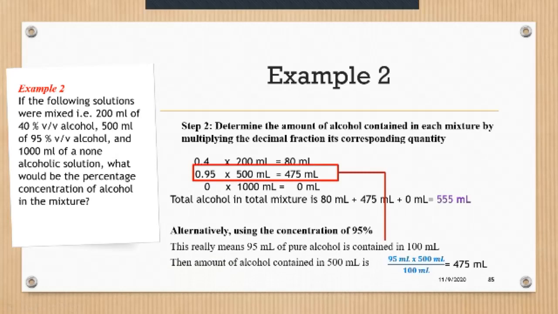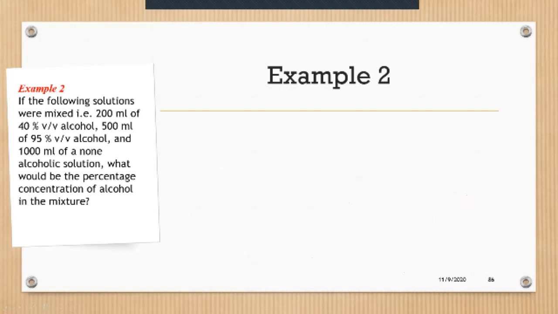And we get 475. See, it's the same 475 we're going to get. So you'd have to do this for each of the ingredients, with the exception of the non-alcoholic solution, because you already know that there's no alcohol in there. Once you have done that, you add the values and you will get the total amount of alcohol that will be contributed by these two mixtures.